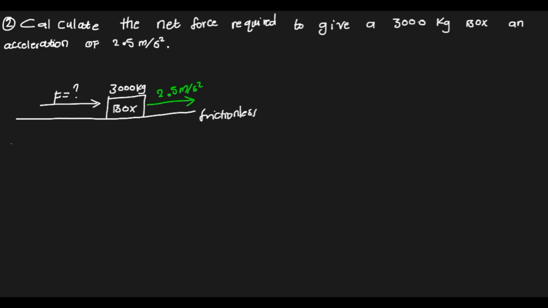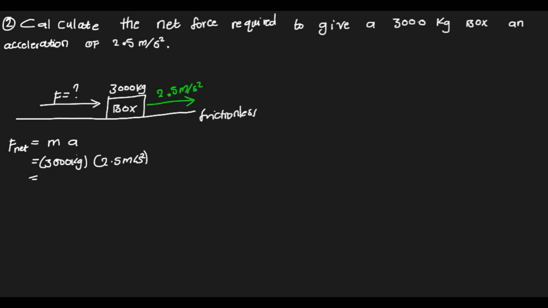So we said for us to find the net force, it is equal to mass multiplied by the acceleration. So from the given data, the mass is 3000 kg multiplied by the acceleration, which is 2.5 meters per second squared. If you type this in your calculator, we have 3000 times 2.5.